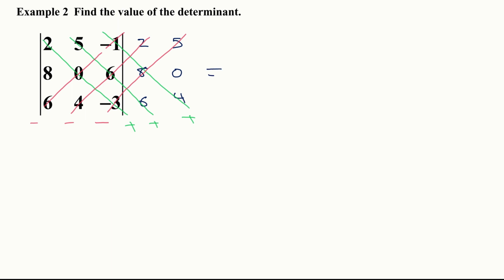So we get 2 times 0 times -3 plus 5 times 6 times 6, and then plus -1 times 8 times 4. And now we're going to start subtracting the red products, right?